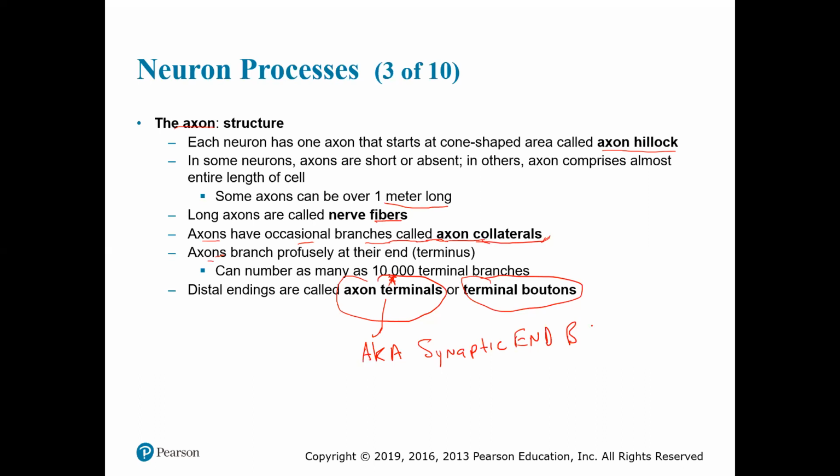I like that one too, because it kind of looks like that. It's the end of the axon, right? It's synaptic because it's forming a space between another membrane, right? Like in muscle contraction, the neuron had a synapse or synaptic cleft between the axon terminal and the muscle membrane, or the sarcolemma.